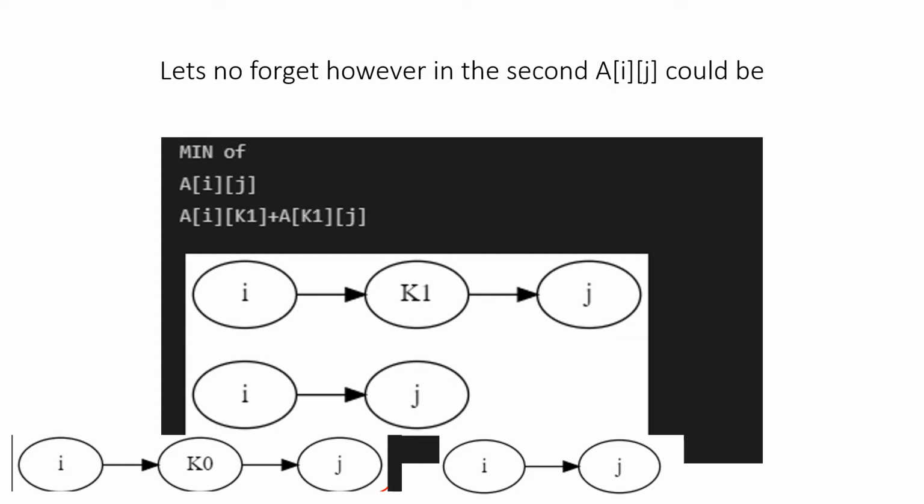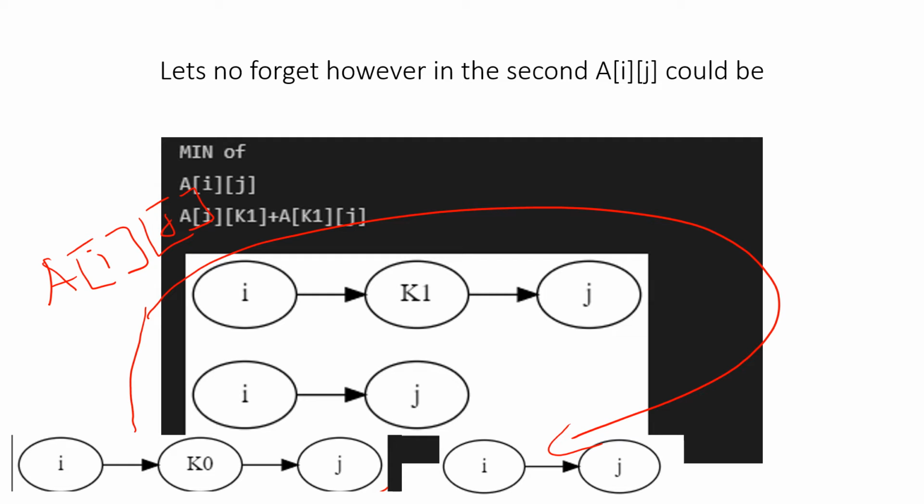So when we have in this matrix the A, I, j value, and we have already done one loop, this I to j could be going through the middleman K0, or it could be going directly from I to j. So these are actually the same thing here.